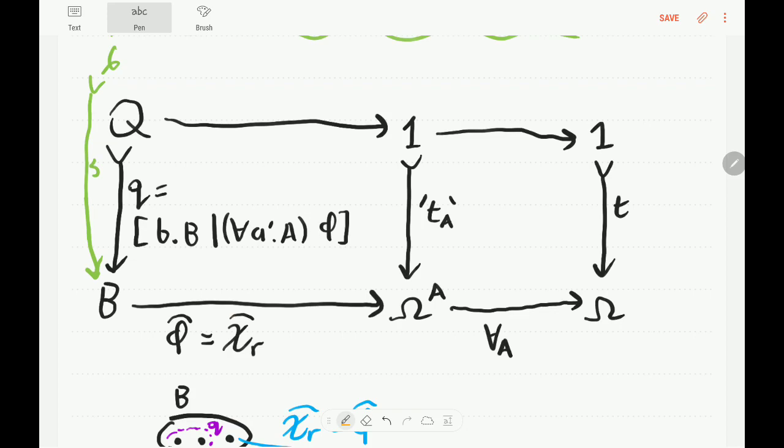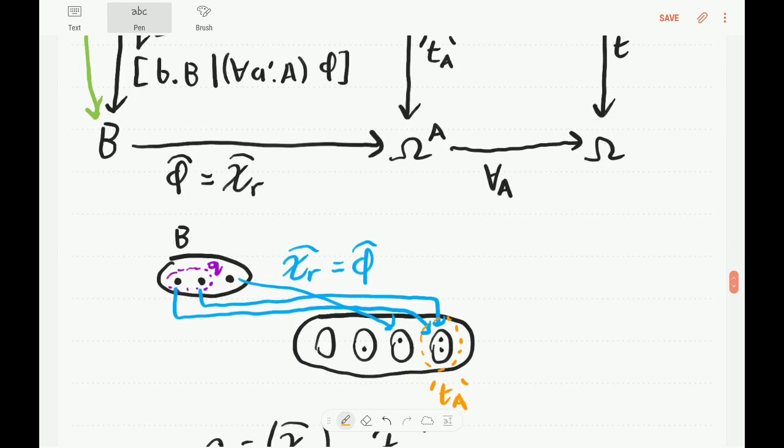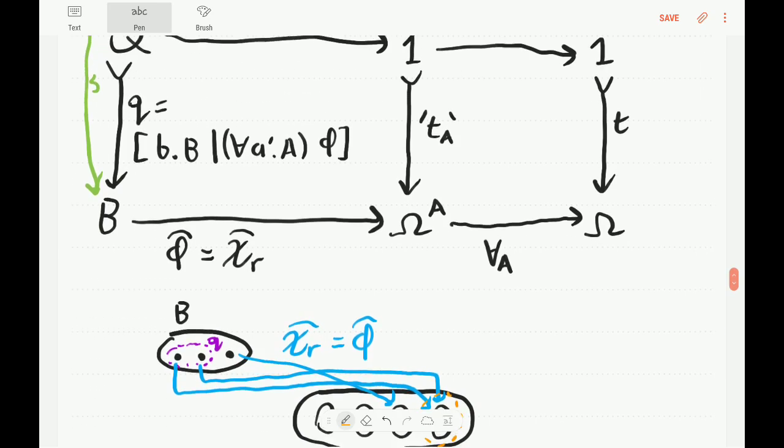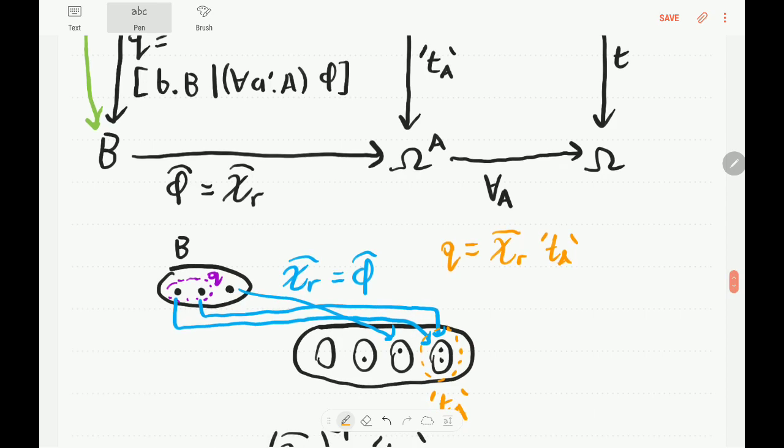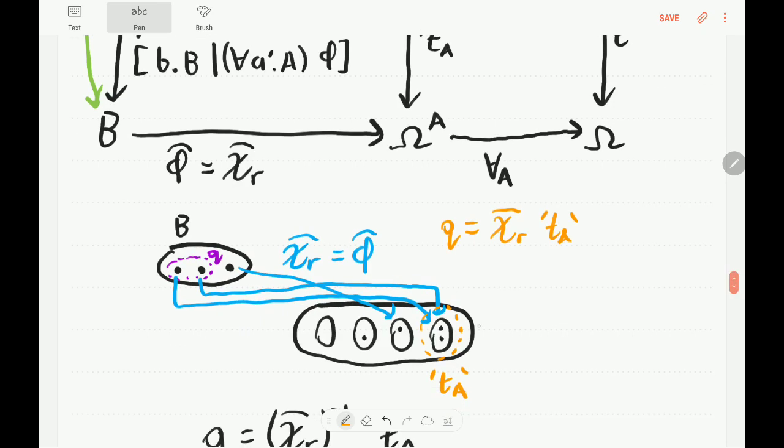Anyway, what we're interested in... Oh, by the way, the way we can visualize this is kind of cool. Basically, what it's saying is that we can write Q as the inverse image of the name of TA under chi of R bar. So remember this chi of R bar, which is also phi bar, is basically picking out some of our sub-objects of A, and this sub-object Q here is the ones that get sent to full sub-objects.